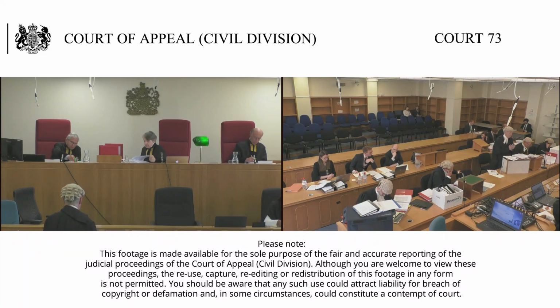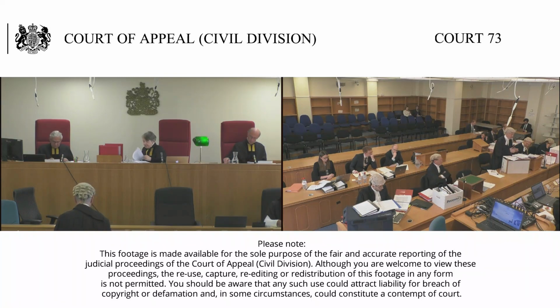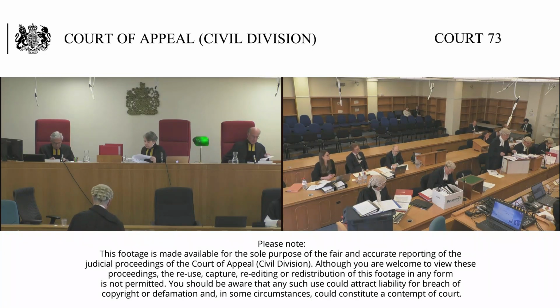The description is sufficient for practical purposes. Now, again, going forward, just anticipating, it's not said that the description of the class in this case is inexact. There may be practical difficulties in identifying its membership, but that is not of itself an objection to a representative action.